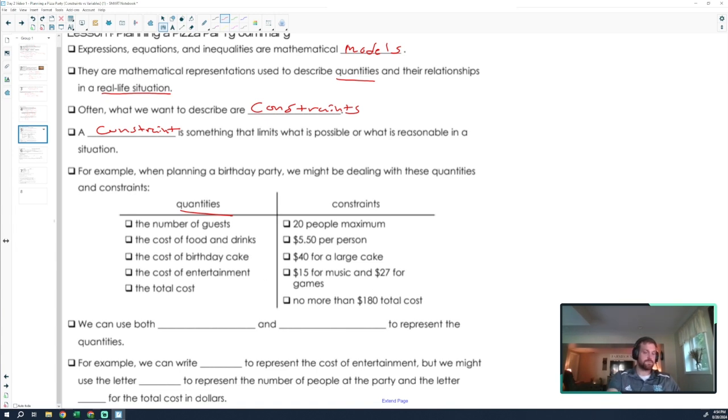So keep in mind we can use both numbers and letters to represent the quantities.